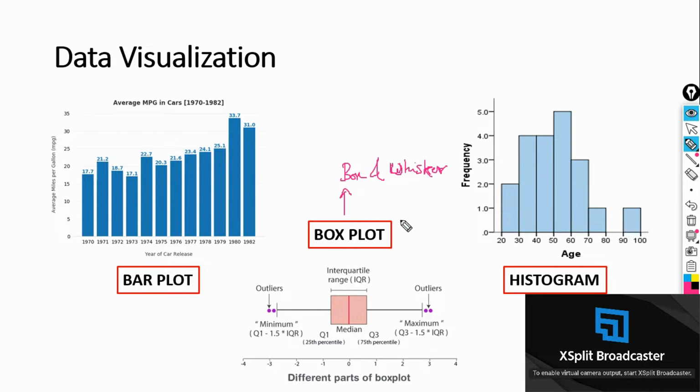All of these are the same. A box plot is visualized to talk about outliers. The primary purpose of visualizing a box plot is that it talks about outliers.